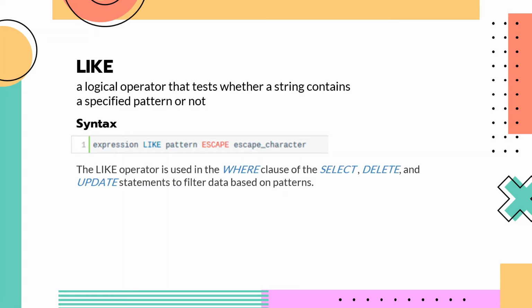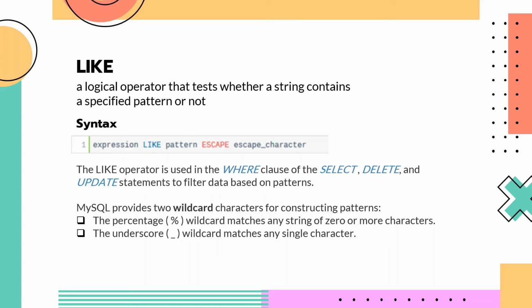The LIKE operator is used in the WHERE clause of the SELECT, DELETE, and UPDATE statements to filter data based on a specified pattern. MySQL provides two wildcard characters for constructing patterns. First is the percentage and the second is the underscore.